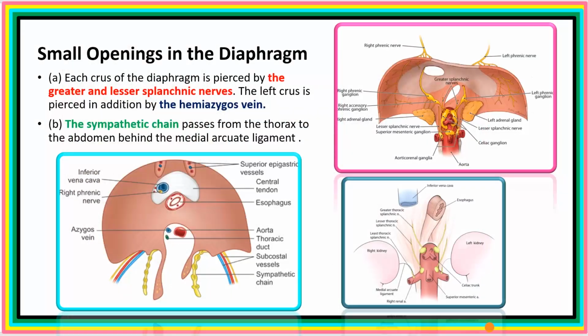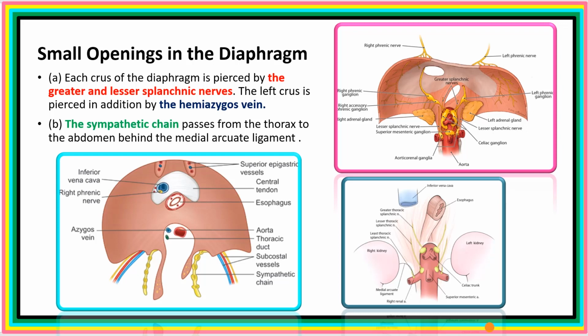We will now consider the small openings in the diaphragm. We are now acquainted with some of the other parts of the diaphragm, like the right crus and the left crus. Now, each of the crura of the diaphragm, that is the right and the left, will transmit these two nerves, the greater and the lesser splanchnic nerves.